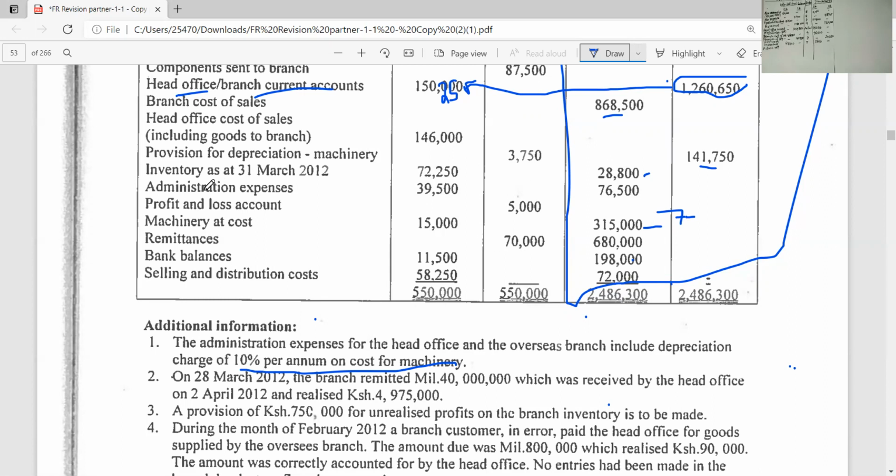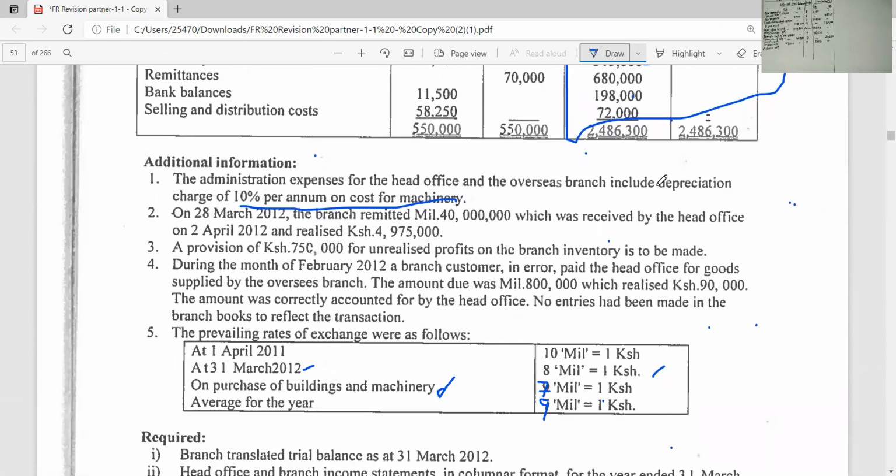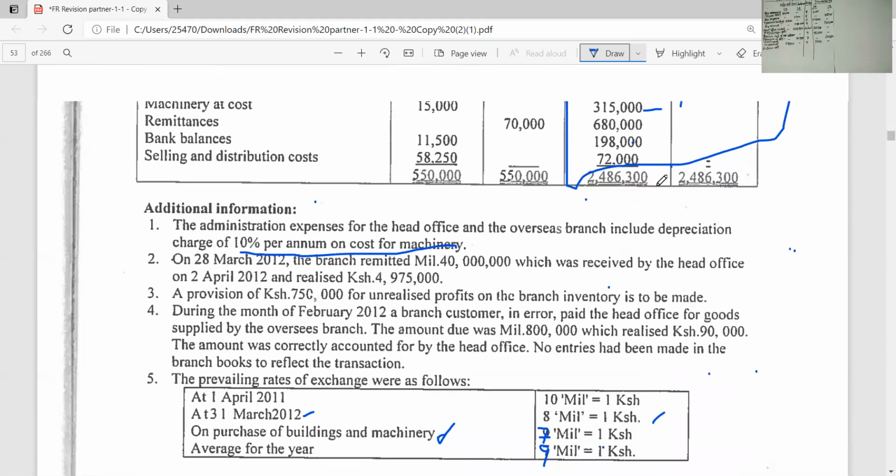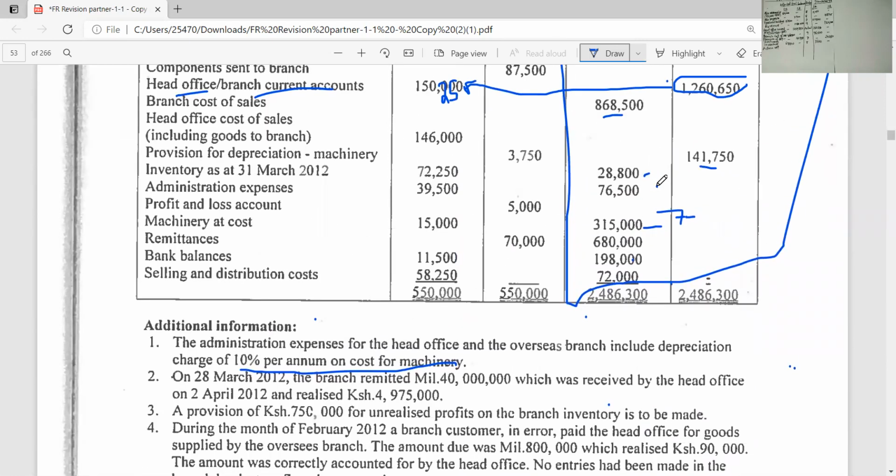Then admin itself. Administrative expenses you can't translate using 7, but administrative expenses is an expense, which is an income statement item, so you use the average. You know that the average is 9, as given down there in note 5. Before translating the admin expense, I have to subtract the depreciation which was inside here, as they said in note 1.